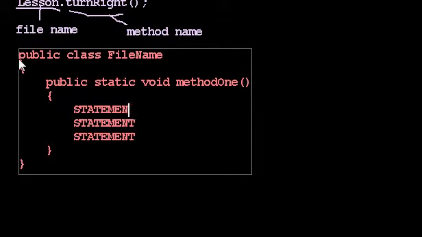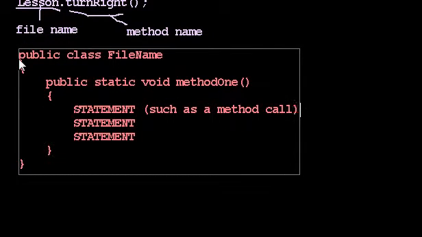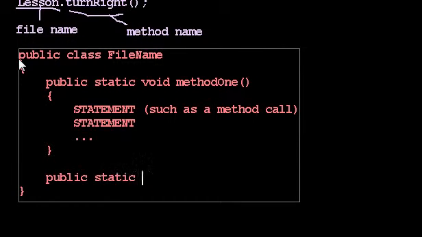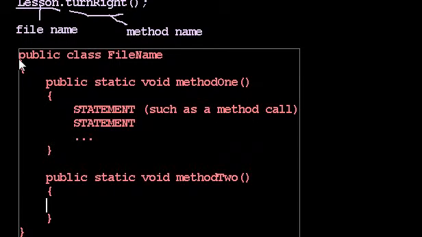So we've seen such as a method call. And that's the only kind of statement we've seen so far. So we've got statements, a whole bunch of them. So we can remember there's an arbitrary number of statements in there. And then we might have another method, public static void method 2. And it has some statements.